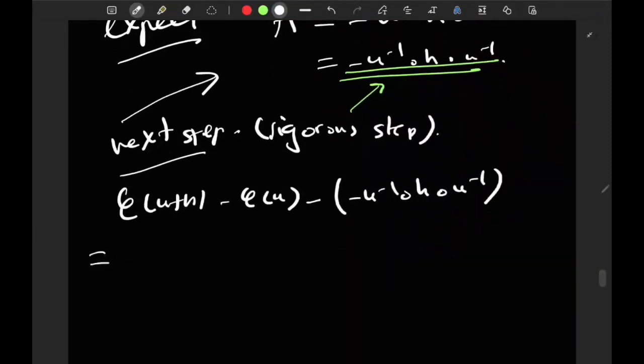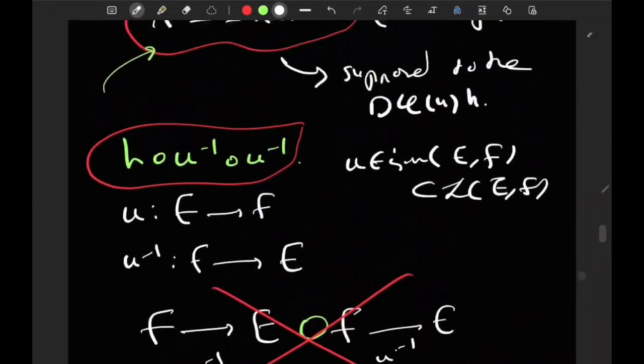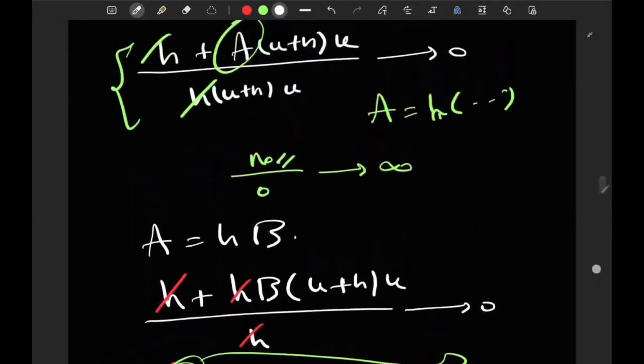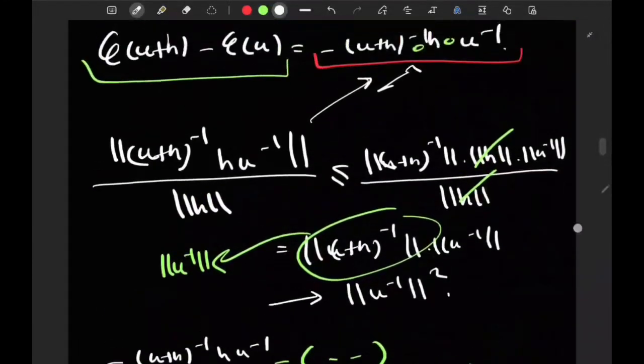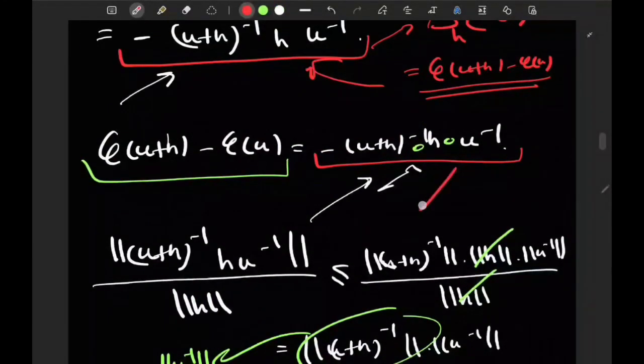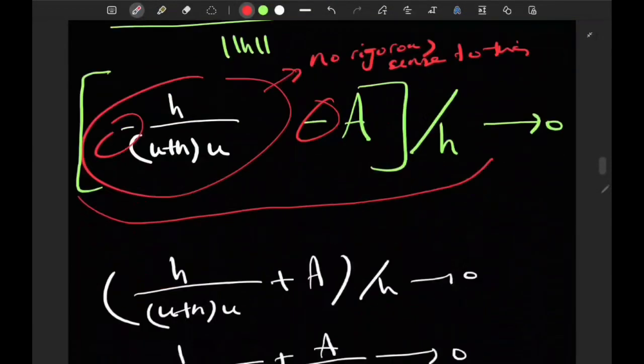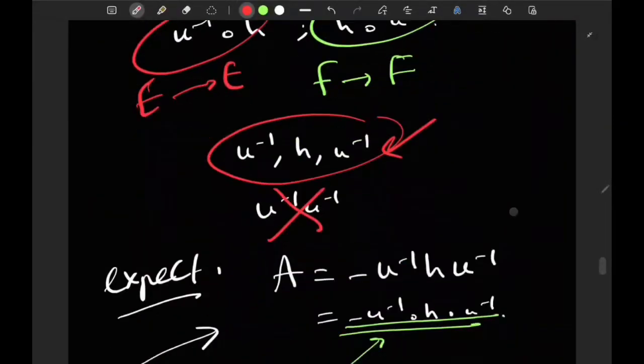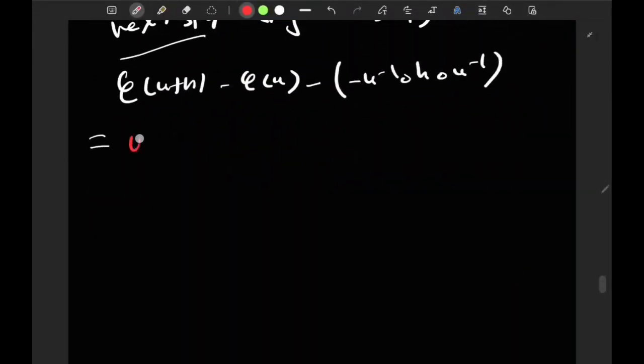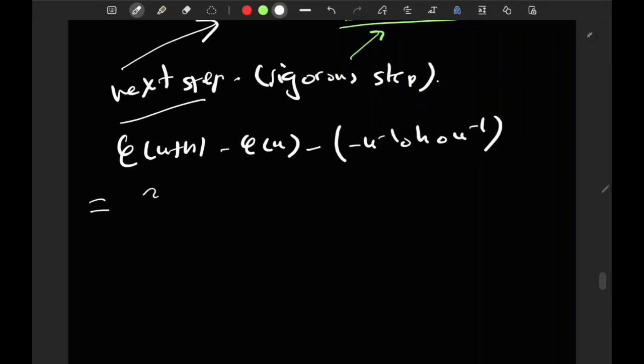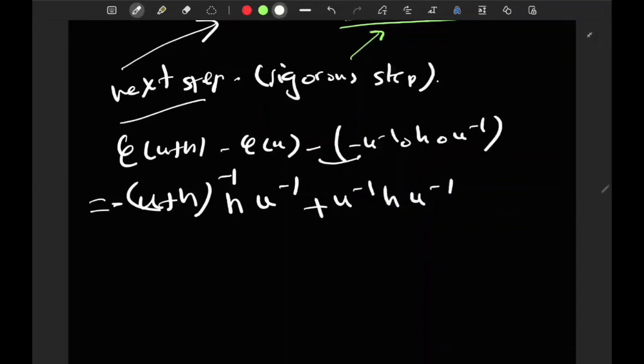And what's phi of U plus H minus phi of U? Bear with me, this is what we got: U plus H inverse, minus U inverse, and so on, with a minus sign, of course, H U inverse, plus U inverse H U inverse.